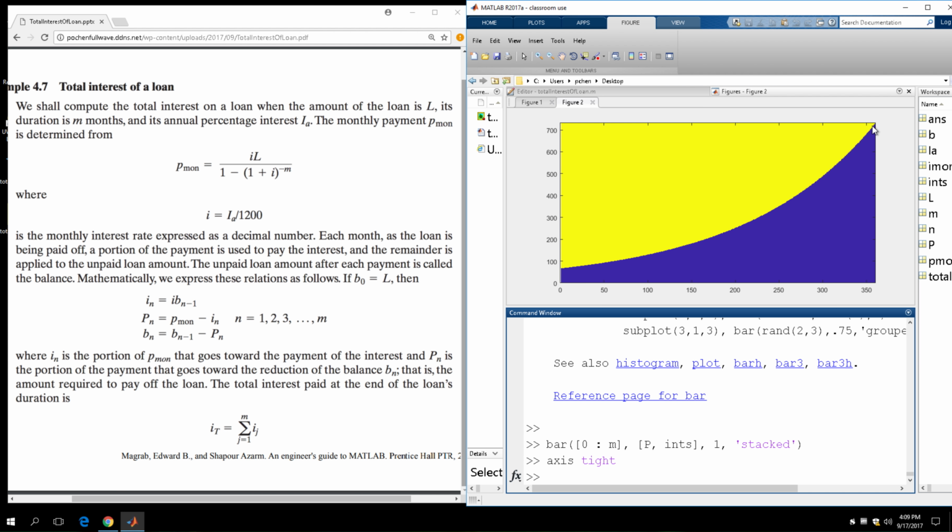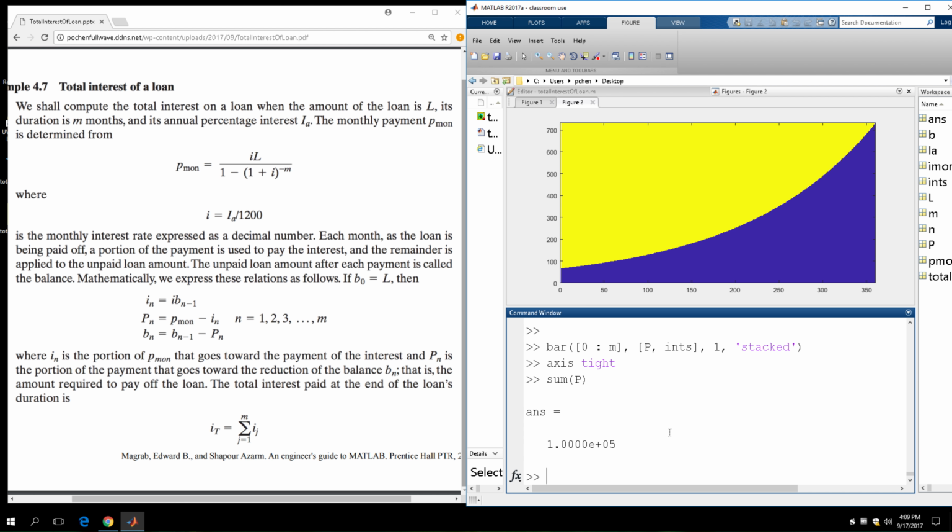So what's the total amount of money you're paying back to the bank? If you add up all the numbers in the blue zone, that should be about 100,000. If you just sum P, that's exactly 100,000. That's the principal. But if you sum up P mon, multiplied by 360, that's a lot higher than the principal.